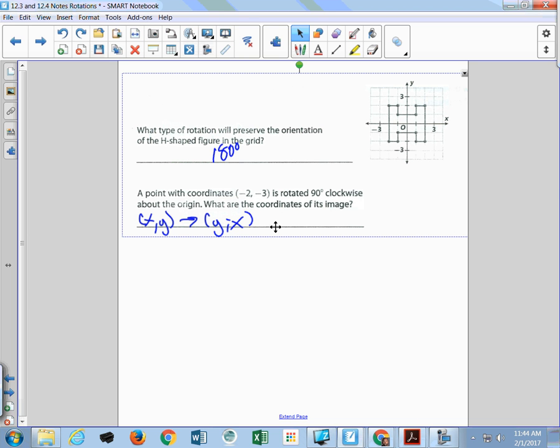So we put our y up front, that's -3, and change our x to its opposite, that would be +2. So that would be the new coordinates if we rotated 90 degrees clockwise.